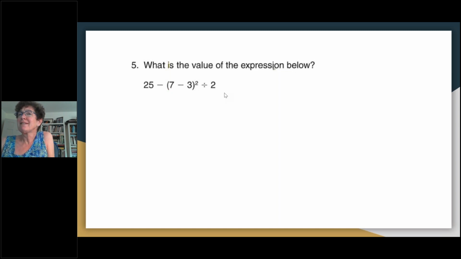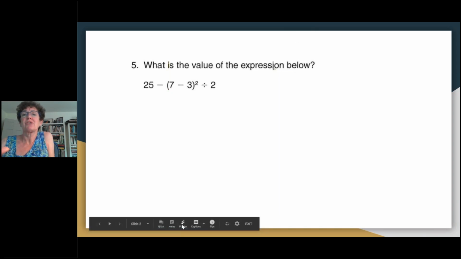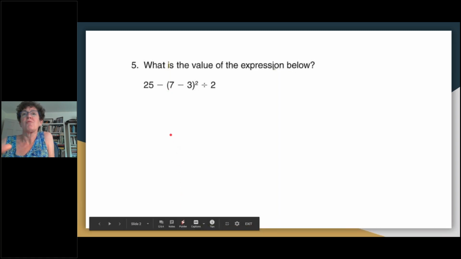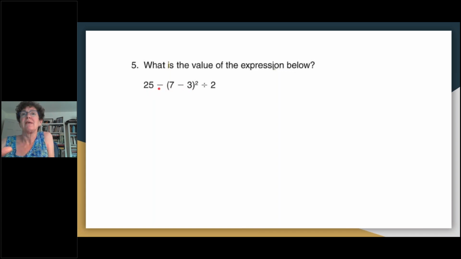So in this case, looking at this expression, and by expression, I mean these numbers together with these operations. In this case, we have subtraction and division.